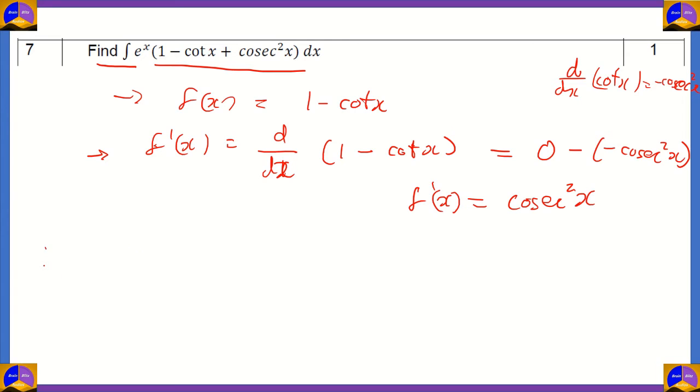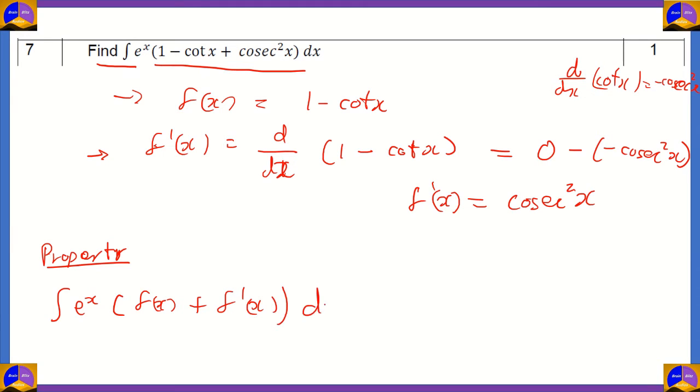So therefore, it is similar to the property: integral e raised to x into (f of x plus f dash of x) dx. So, what will be the right-hand side of this integral? The solution to this integral will be e raised to x times f of x plus c.